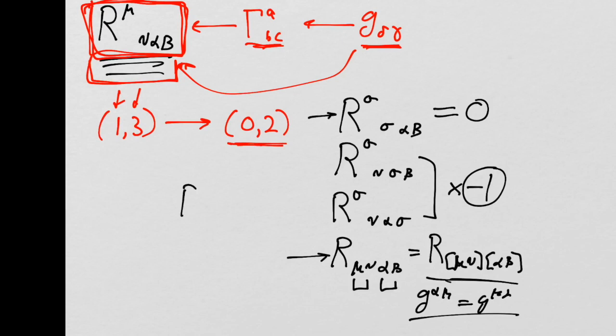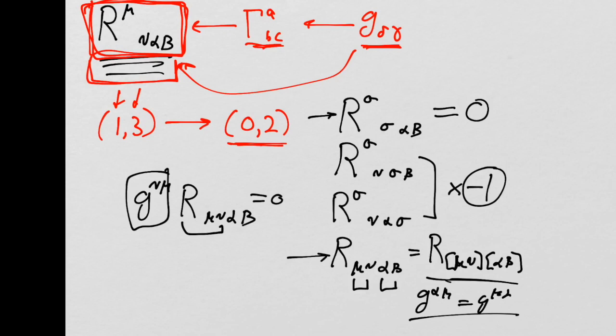Because I can start with R_{μναβ} and contract it with g^{νμ}. What am I doing? I'm contracting a symmetric object into an antisymmetric object, which is antisymmetric in ν μ. And so this is going to be 0.